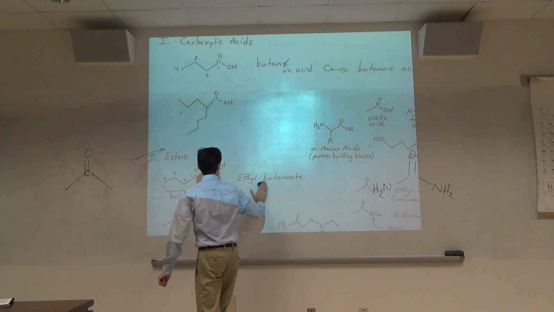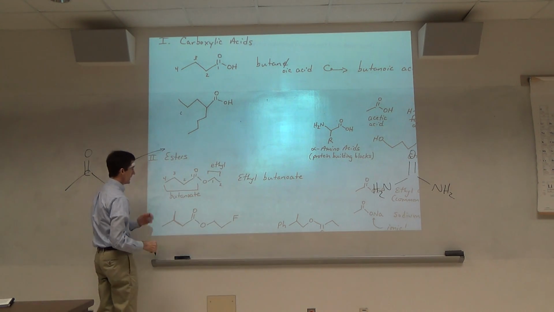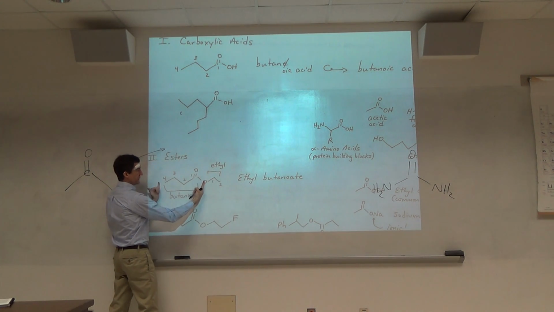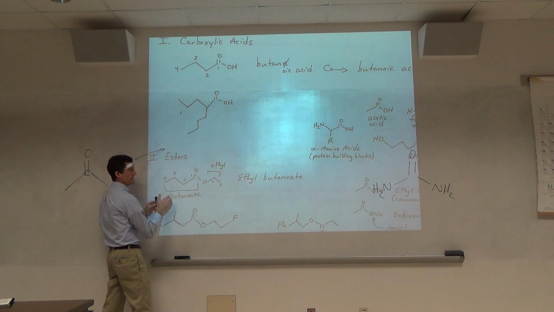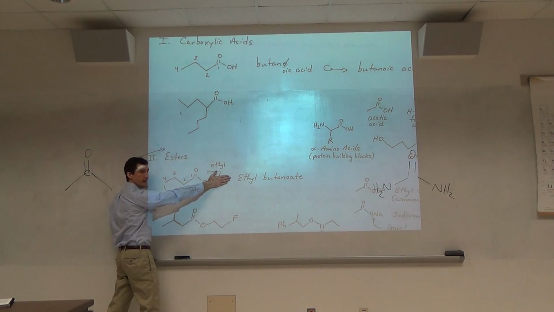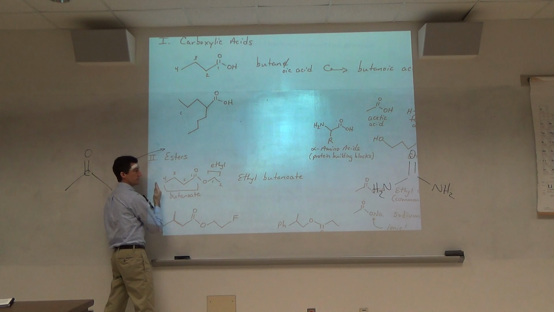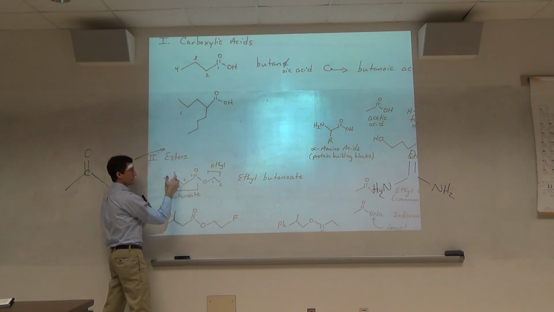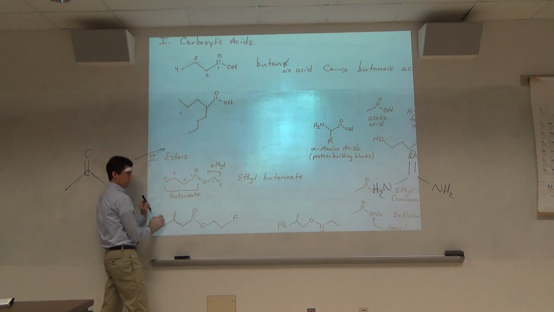The R group goes in front though. This acid fragment here, you got to recognize, if that was an H, there's your acid. 1, 2, 3, 4. Some call it butanoic acid. It's called butanoate.